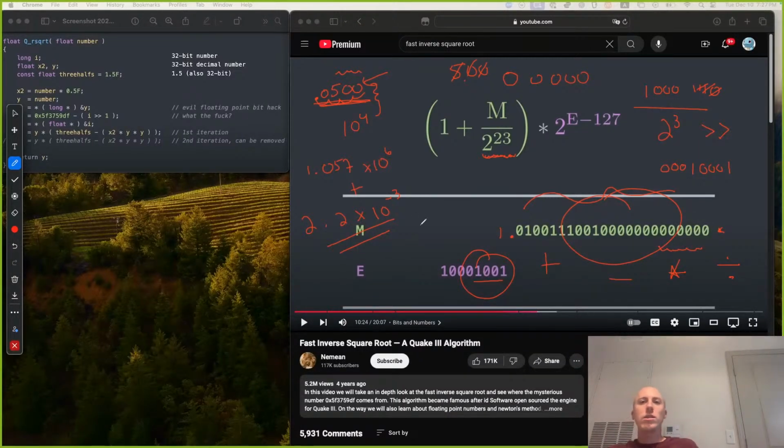You need to basically operate on the exponents and the mantissas. But this 1.057 is kind of up here, and this 2.2 is way down here, and you add these two up.